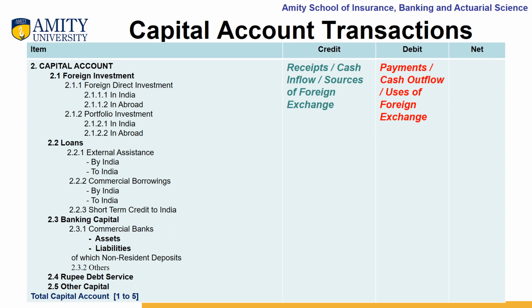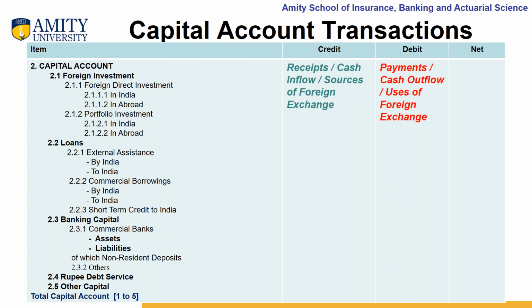So, talking about the credit and debit side, any receipt, cash inflows, sources of foreign exchange will be mentioned in the credit side, whereas any payments, any cash outflow, uses of foreign exchange will be mentioned in the debit side.